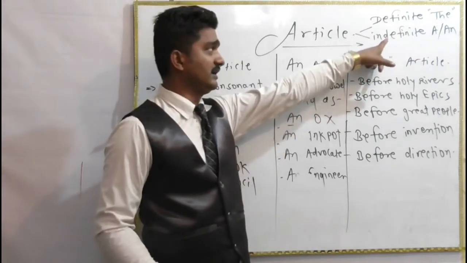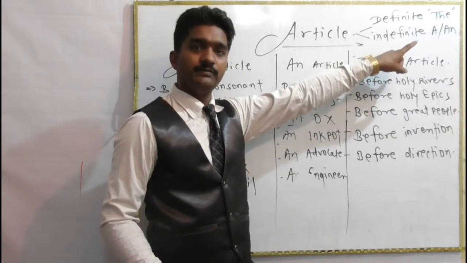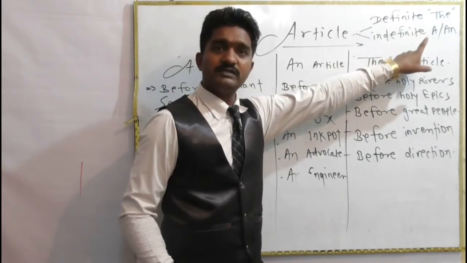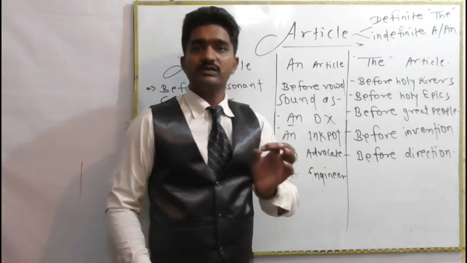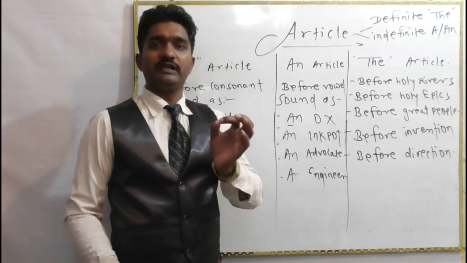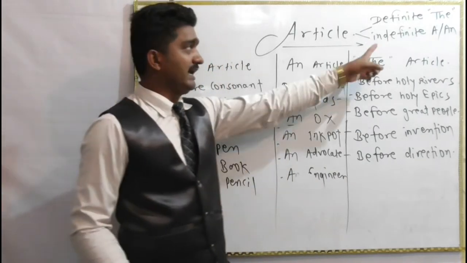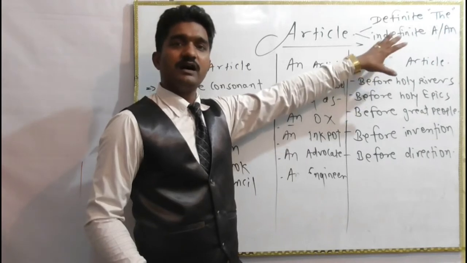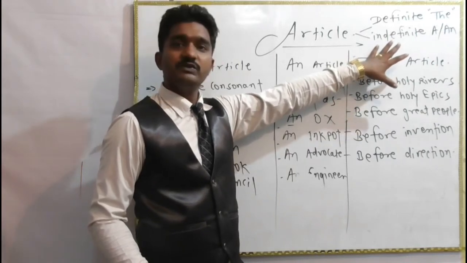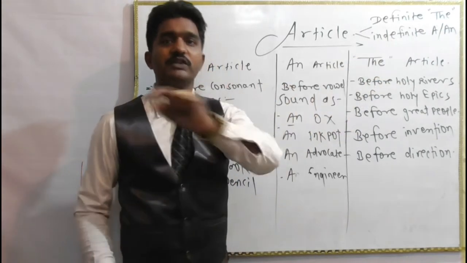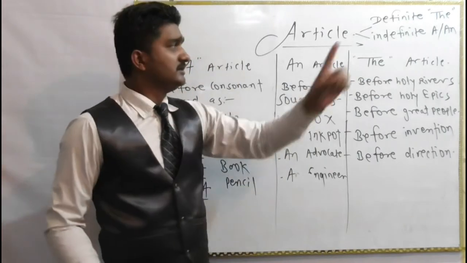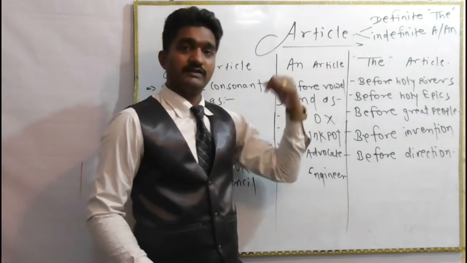And for indefinite article, a and an, these two words depend on the pronunciation of any noun. So a and an are used according to noun pronunciation. But for the, there are some fixed conditions.